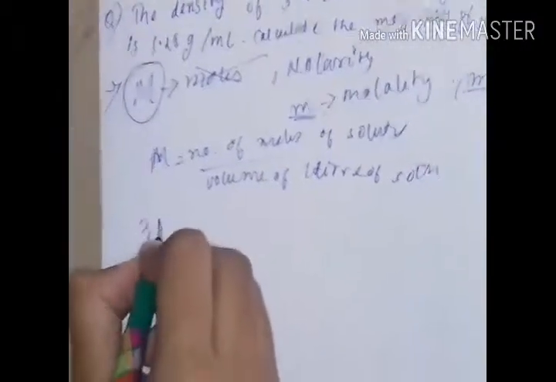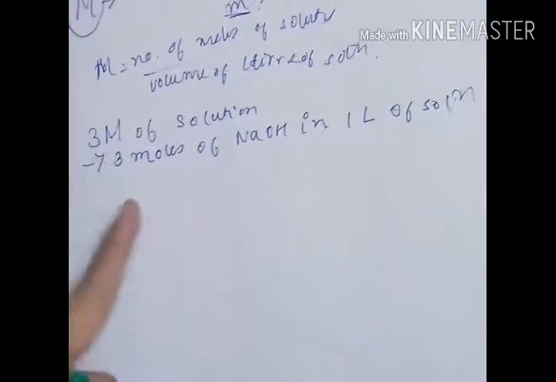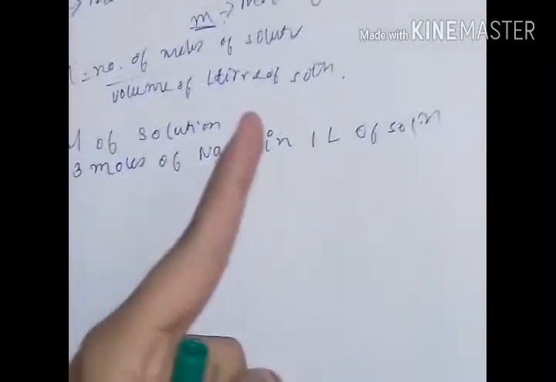Now keep it in your mind that when they are saying 3 molar solution, it means that 3 moles of NaOH in 1 liter of solution. Are you clear? 3 molarity is nothing but 3 moles of NaOH in 1 liter of solution.